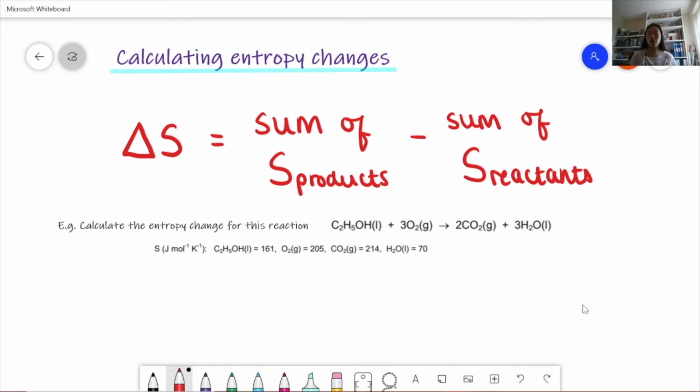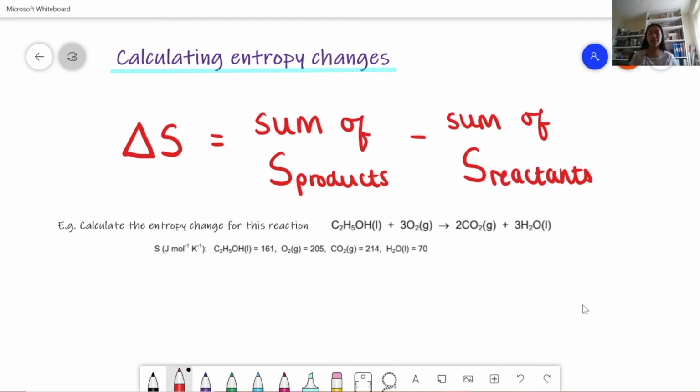And in reactions where there is a decrease in entropy, then the entropy change will be negative, so it will be the opposite. And in keeping with the second law of thermodynamics, reactions in which there is an increase in entropy are favourable because the second law states that the entropy increases over time.